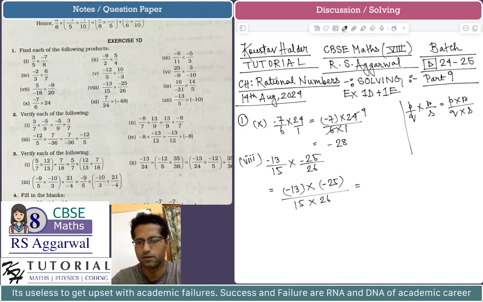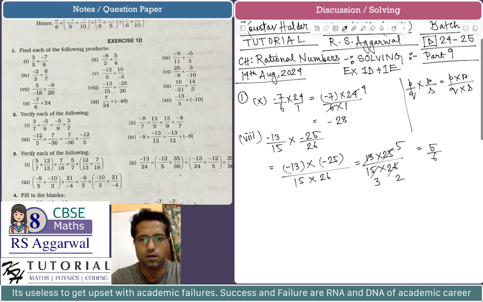Now in the numerator, minus 13 and minus 25, the minus will cancel out. So we can write this as 13 into 25 divided by 15 into 26. 13 will divide 26 with 2, and we can divide 15 with 5 as 3, and 25 by 5. So this is 5 by 6.